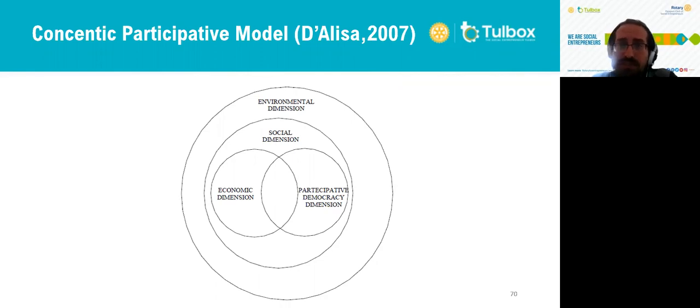Just think of a product. If the product is not owned or participated in by the population, we have no market and no perception of the value of that product. So it is important to consider this dimension too if we are talking about sustainable businesses and sustainable entrepreneurship actions.